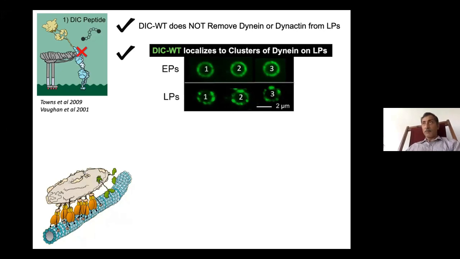But once you have it in a complex, all you can measure is the net combined rate of binding. Either you measure a net combined rate where it's difficult to tell whether dynein bound or dynactin bound, or you measure them separately where you know that one is not affecting the other. So when you have the entire complex, it's hard to tell whether dynein has bound or dynactin has bound. Presumably both have bound, that's why you are moving.